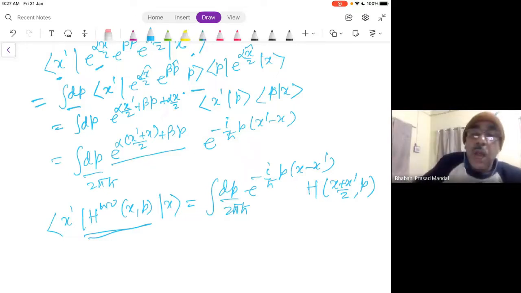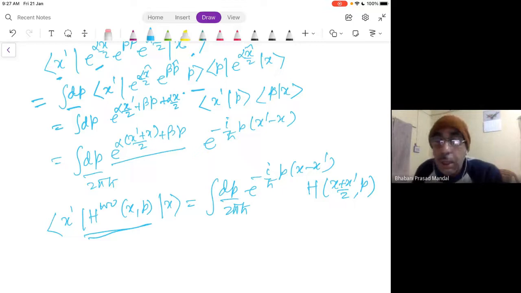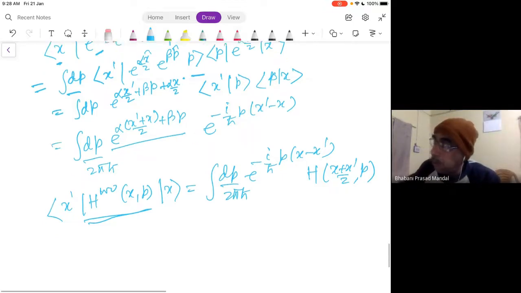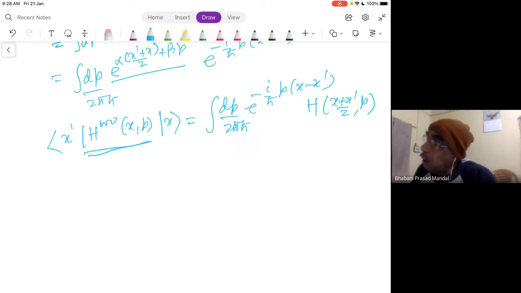Okay, now we have all the mathematical tools for calculating the path integral amplitude, the amplitude for some initial time to final time.